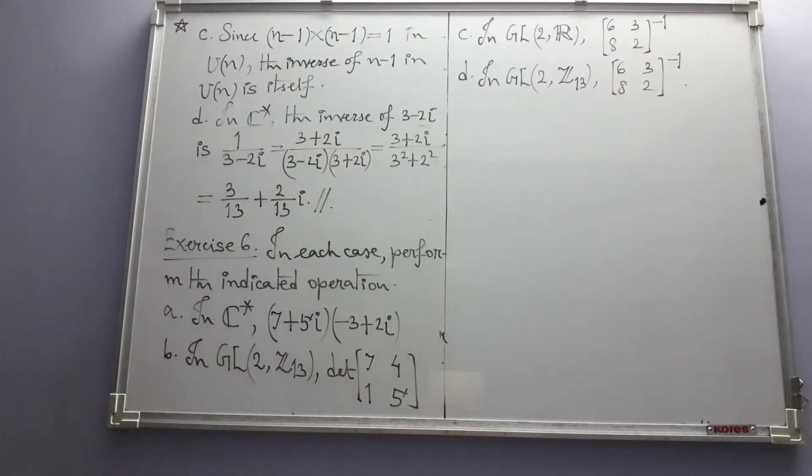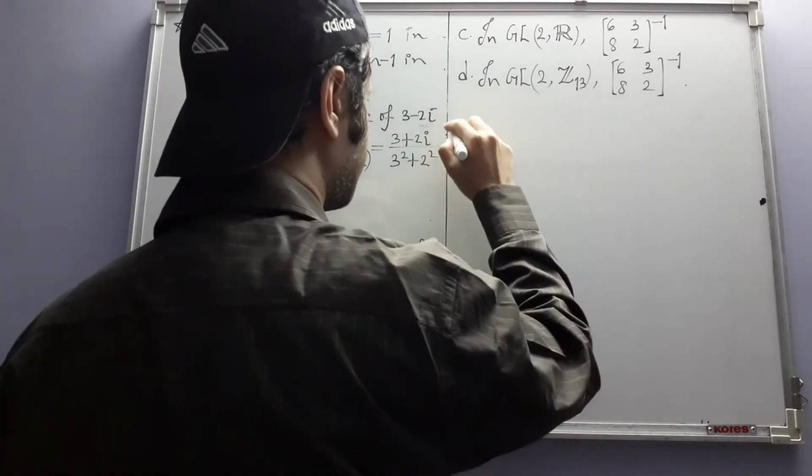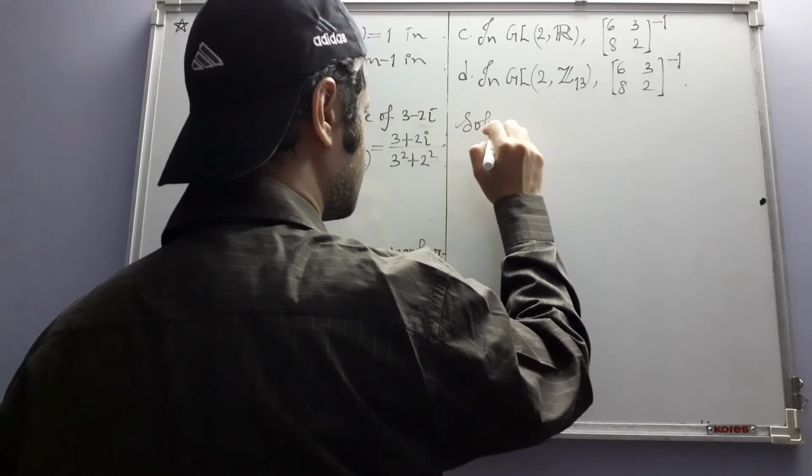Okay, the first one is very easy. We have to just multiply these two complex numbers.